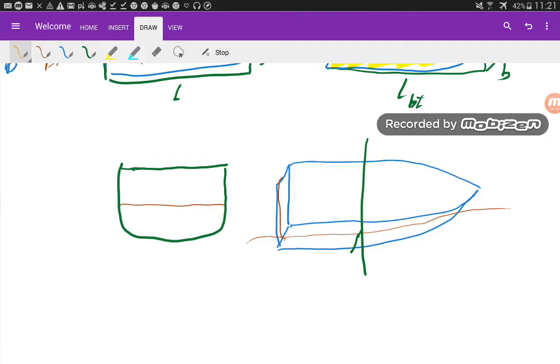Now if you bring a rectangle that sits around the midship cross section under the water, this area is the cross section, AM, the area of the midship. One side is the beam of the vessel, and the other is the draft.